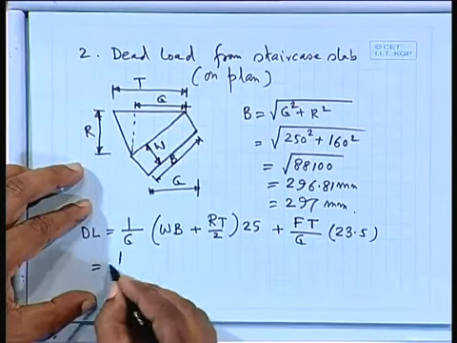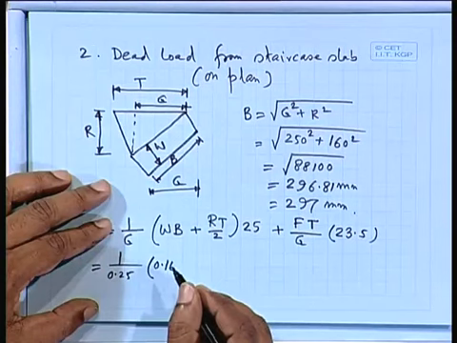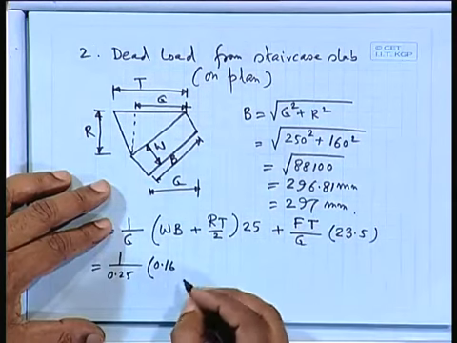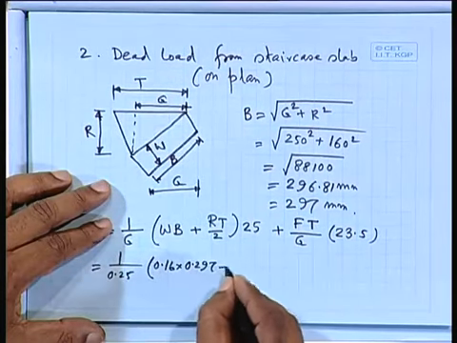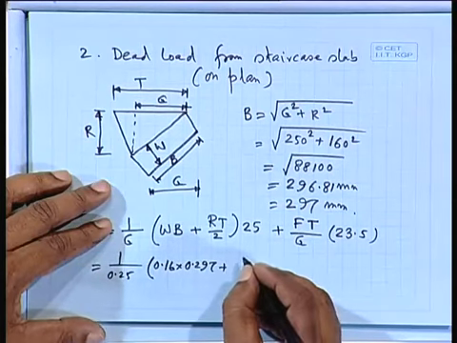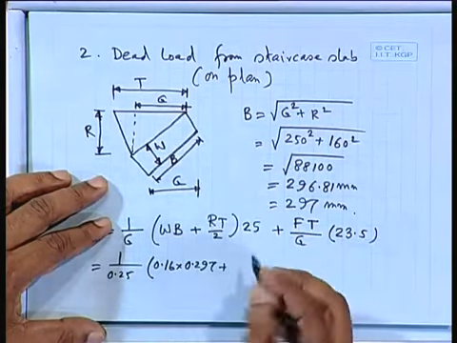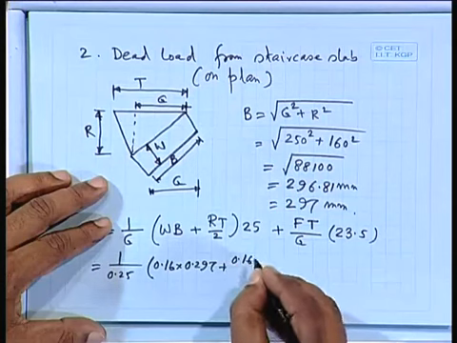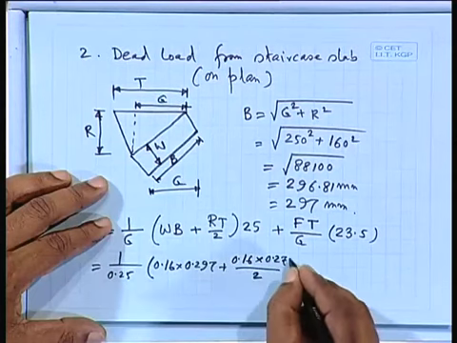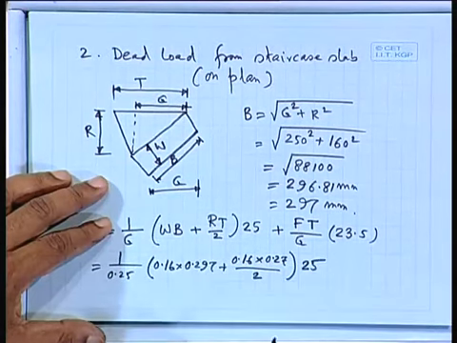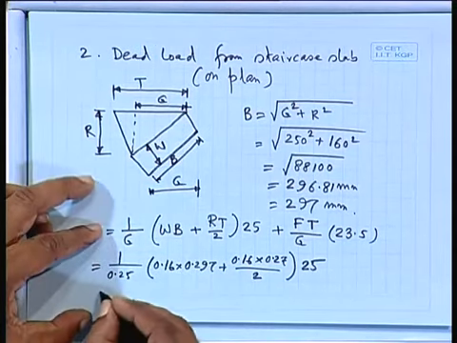So G is 0.25, W is 0.16, that we have got it 160 millimeter, so 0.16 times B, 297, R is the rise 160 millimeter, so 0.16 times T, 270 millimeter, 0.27 by 2 times 25. So we are putting all the values here.